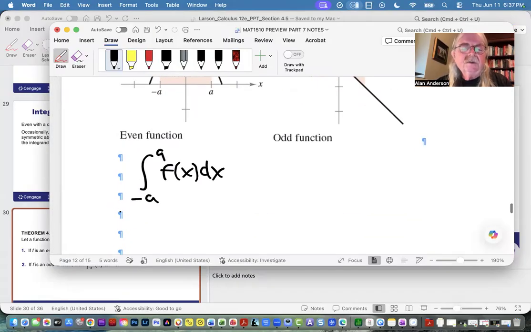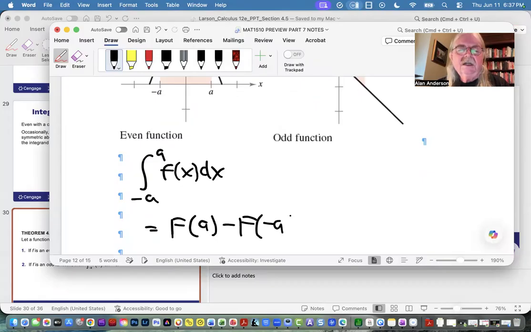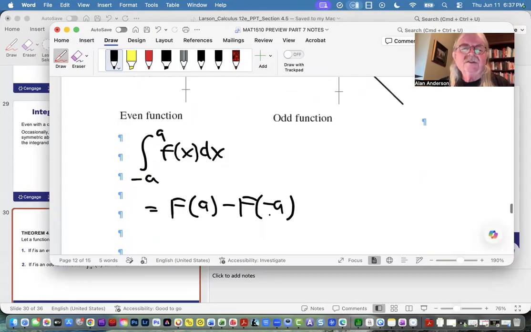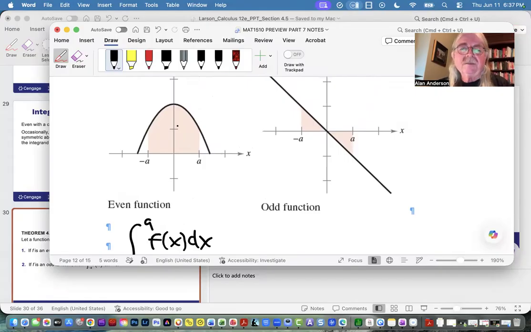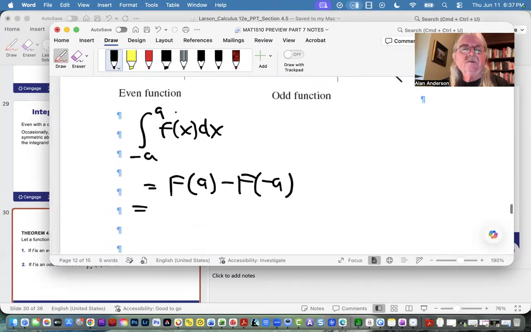It's equal to, well, we know that it's equal to, but I just want to mention that too, but we can also simply note that the area is the same on either side because of that symmetry I mentioned. So all we have to do is this. We can rewrite it as 2 times the area between 0 and a.